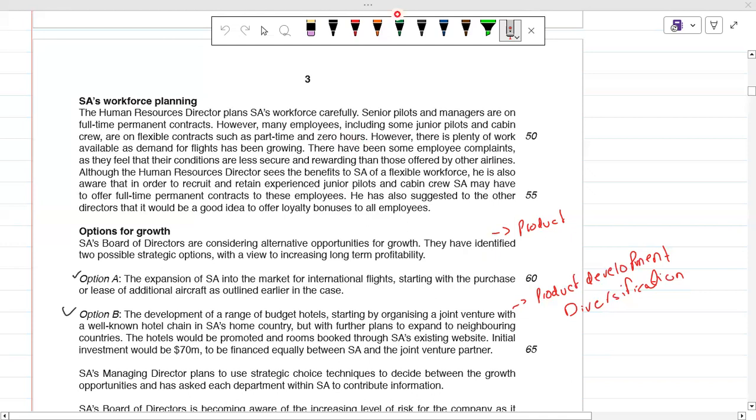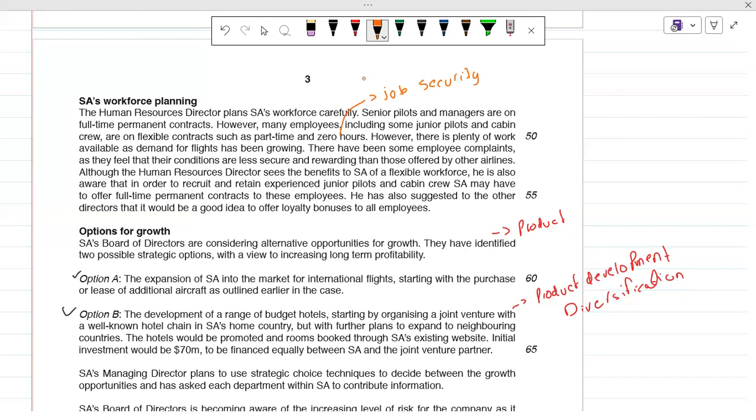So we can say a negative point of it is that job security is not there. The main disadvantage of flexible contracts is job security.